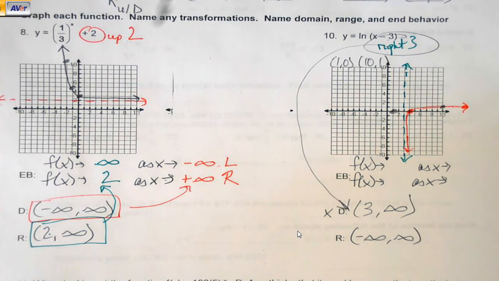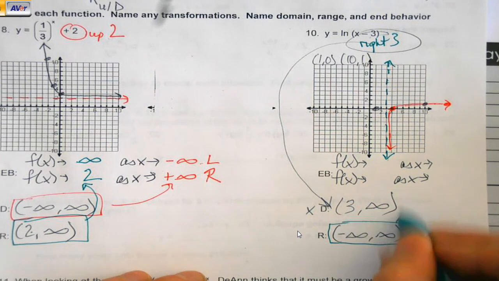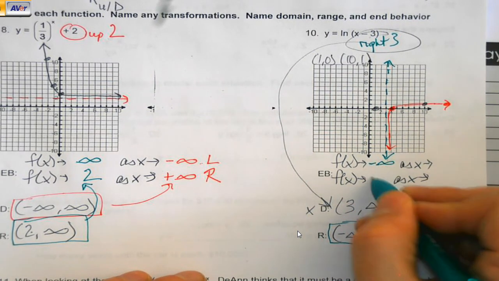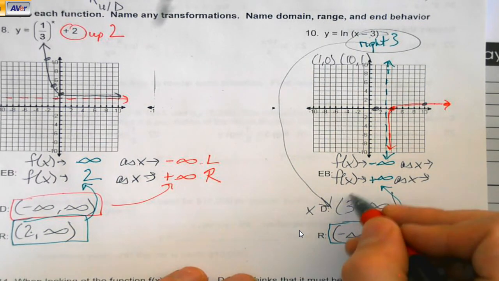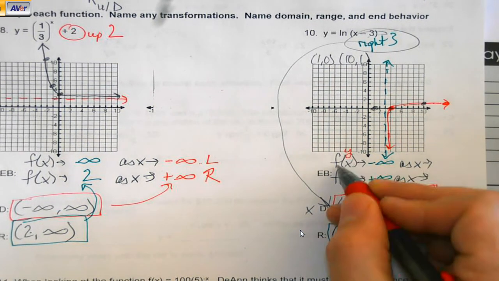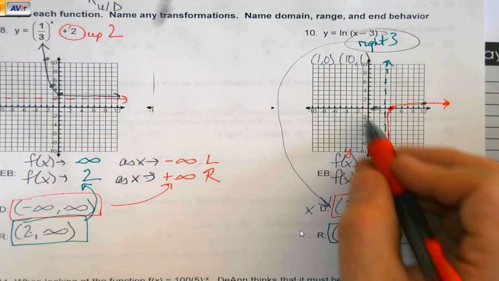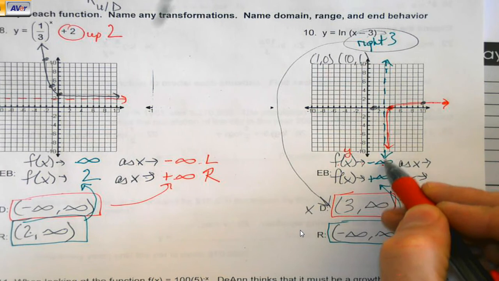So this time, my range is the one that's infinite, so I can just write it right away. But my domain is the one over here, and this is the one where I got to think. So as y goes down, because negative for y is down, I'm getting closer to leveling off.